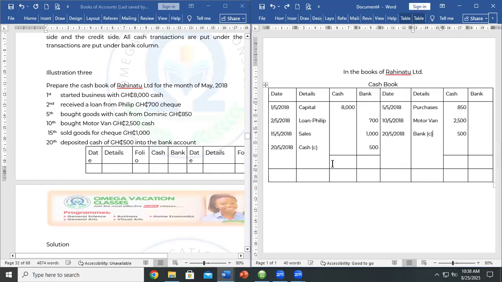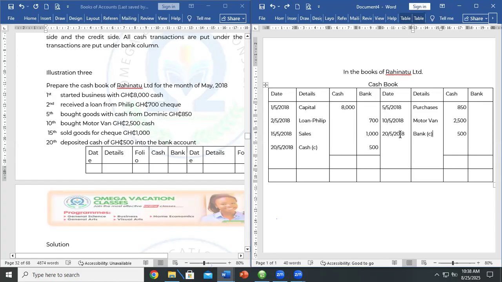You always have to show this to demonstrate that it's a contra entry, where both the debit and credit are in the same ledger. So in preparing the cash book, most of the contra entries you do would happen when you are depositing cash into bank or withdrawing cash from bank. So pay attention to that.